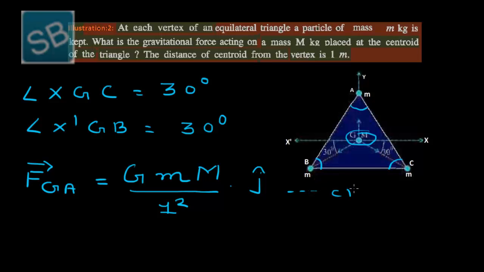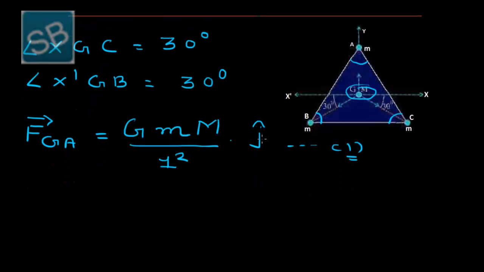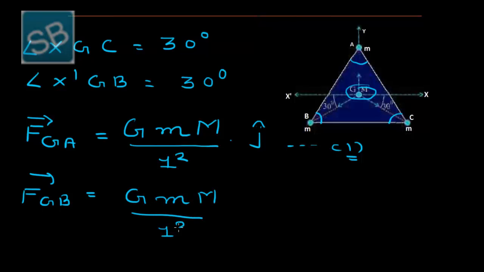So this is the first result. Similarly for particles at B and C, FGB vector is equal to GMm divided by 1 square into (minus i cap cos 30 minus j cap sin 30). So that's why we have used these angles XCG and XGB.